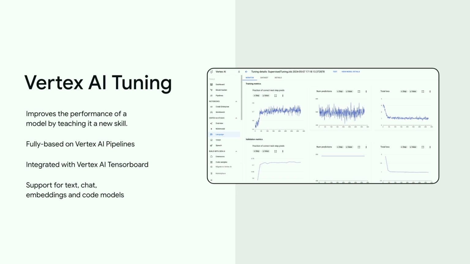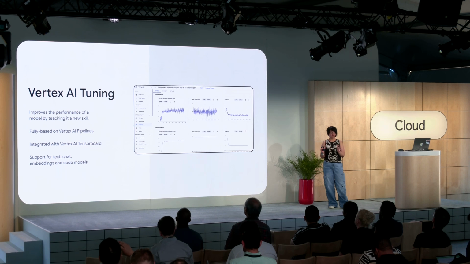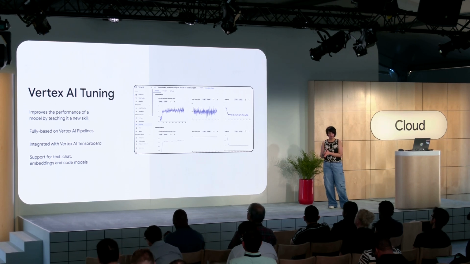This service allows you to improve the performance of your LLM in a managed and scalable way. It is fully based on Vertex AI pipelines so that you can automate the entire tuning process, and it will also allow you to monitor it because Vertex AI pipelines have an inbuilt integration with Vertex AI TensorBoard. All the training and evaluation metrics are logged into TensorBoard, and you can monitor the progress of tuning there.